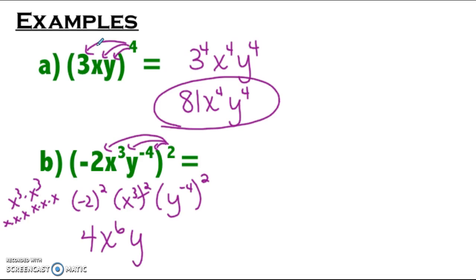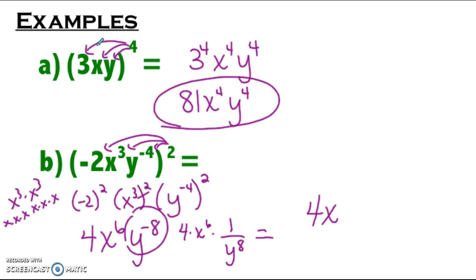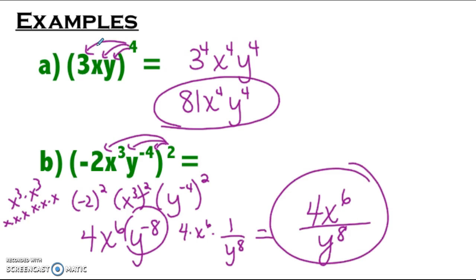So that's y to the negative 8. Again, remember it's not too typical to leave that negative exponent. So we're dealing with the reciprocal. We would usually take this y to the negative 8 and think of it as 1 over y to the 8th. If I'm multiplying 4 times x to the 6th times 1 over y to the 8th, our best format would be 4x to the 6th all over y to the 8th.